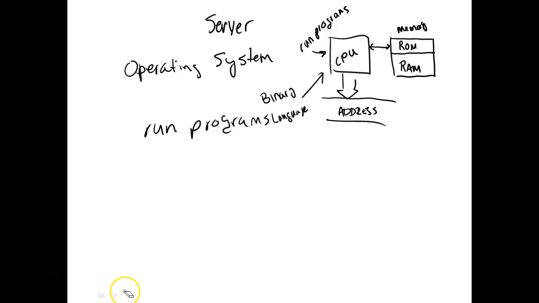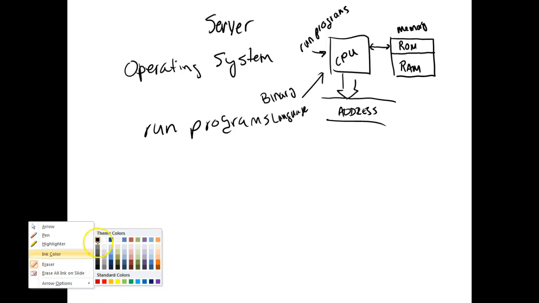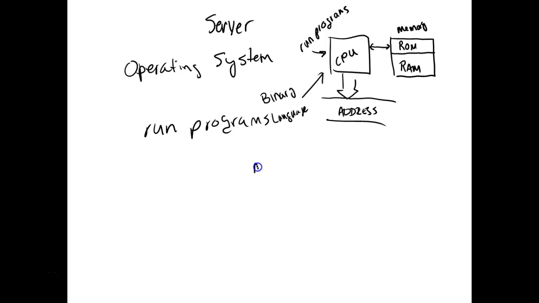So the language these guys speak is a language that we refer to as machine language. Some people call it object code. And this is a binary language.